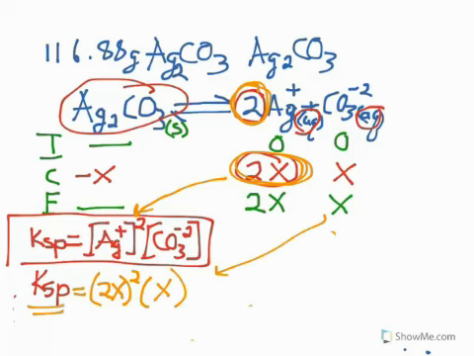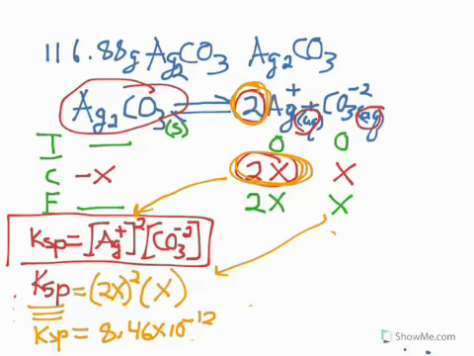You can look up the KSPs and we'll give you tables for them. There's tables in Sapling. So the KSP for this thing is 8.46 times 10 to the minus 12th.